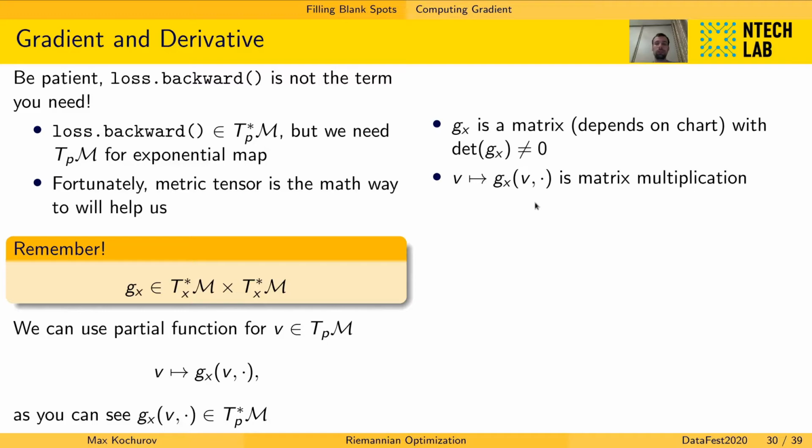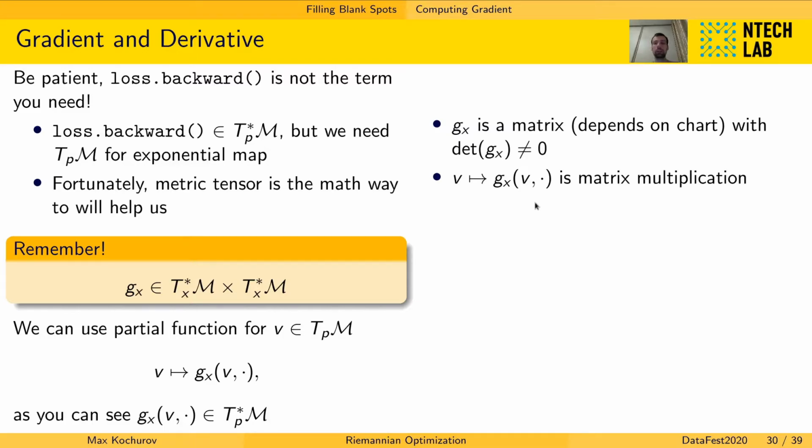This partial function, it's like on one side you have a vector, in between you have a matrix, and the right part, the right vector, is unfilled and waiting, and you can compute the partial matrix multiplication and wait for another vector.